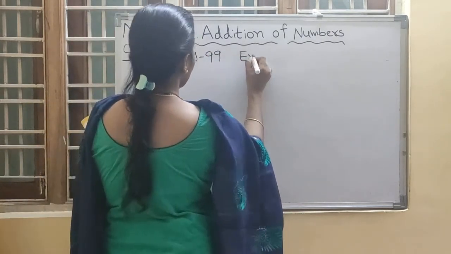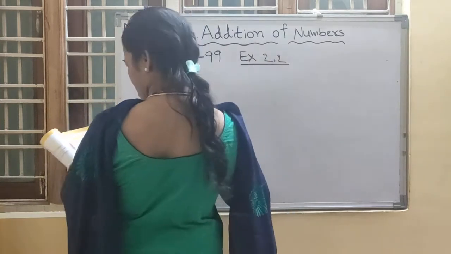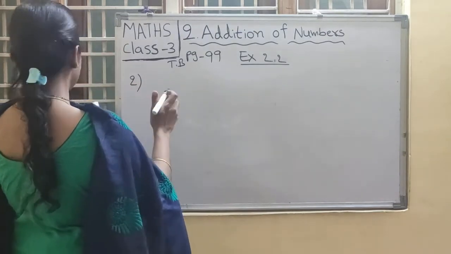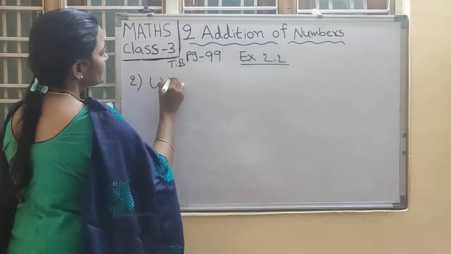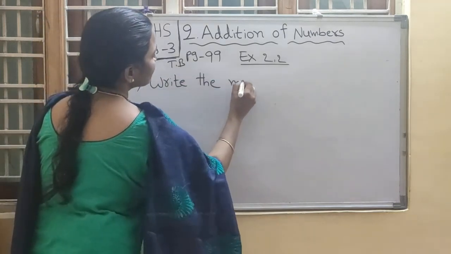Exercise number 2.2. I am going to do the second bit, that is, write the missing digits.